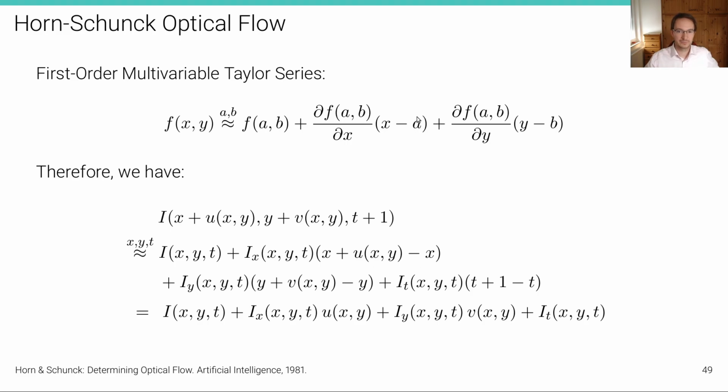So we need to subtract the variable that we're linearizing around, and the same for y, and the same for t. And you can already see that x and minus x cancel, y and minus y cancel, and t and minus t cancel. And so this expression simplifies to this expression here.